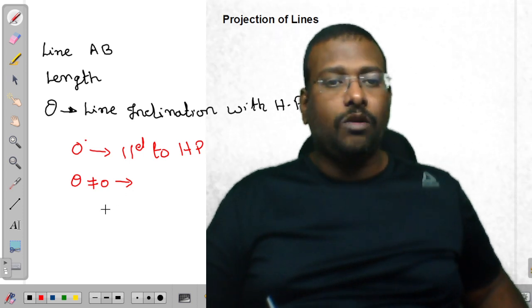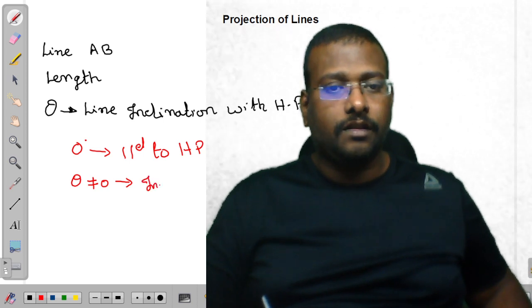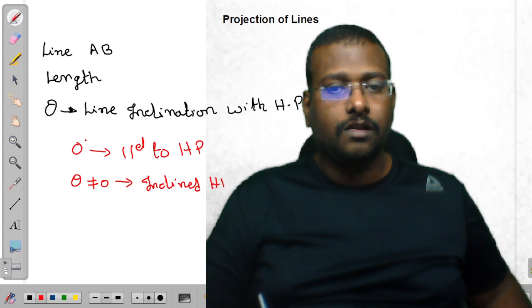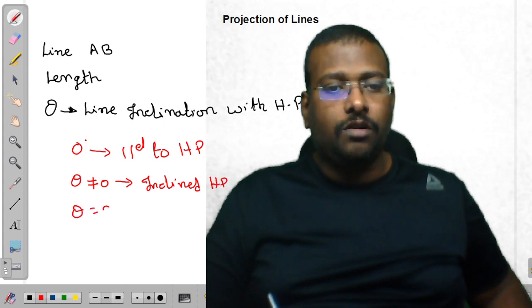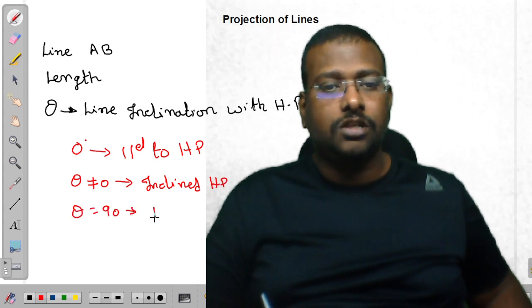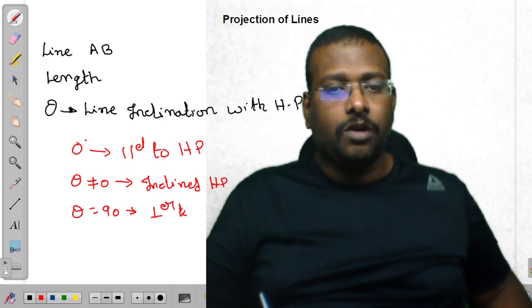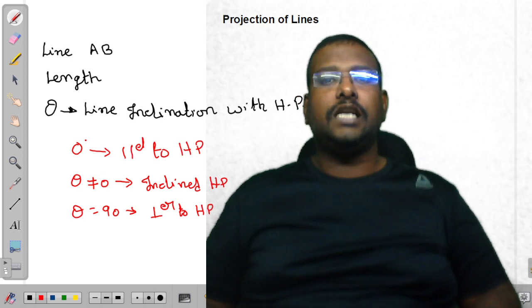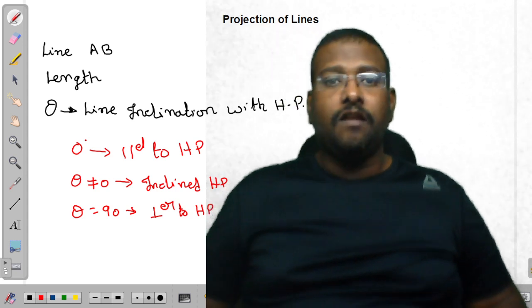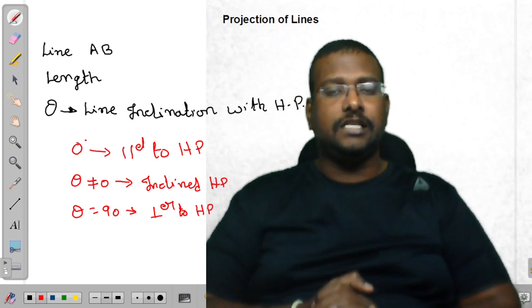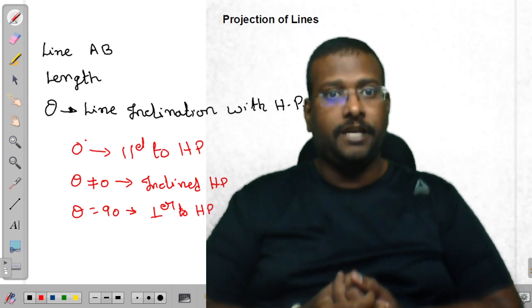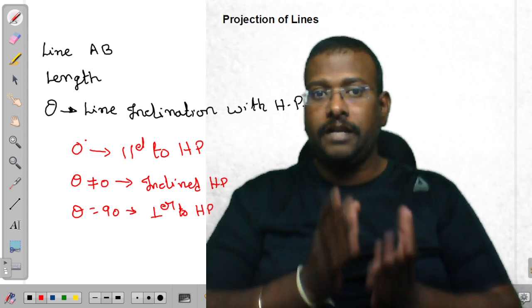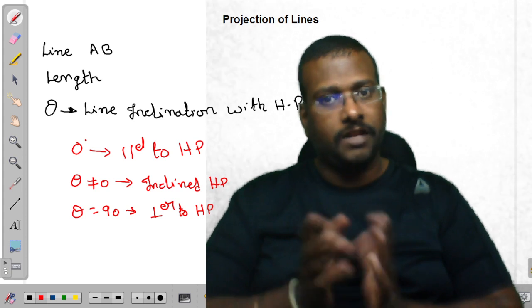When theta is equal to 90 degrees, it is perpendicular to HP. These are the three possibilities for a line with respect to the horizontal plane.